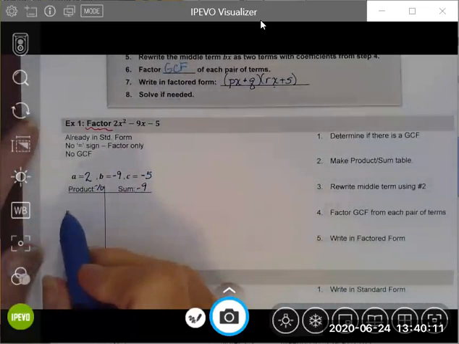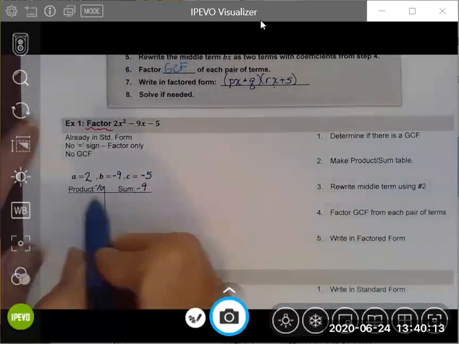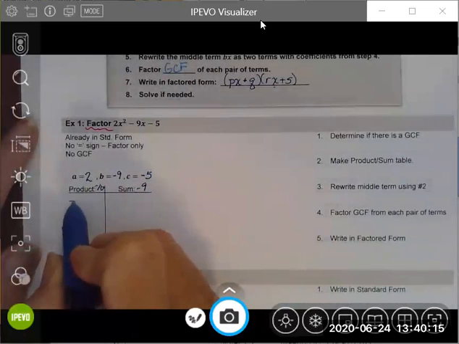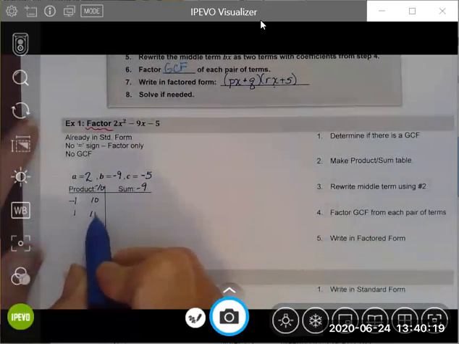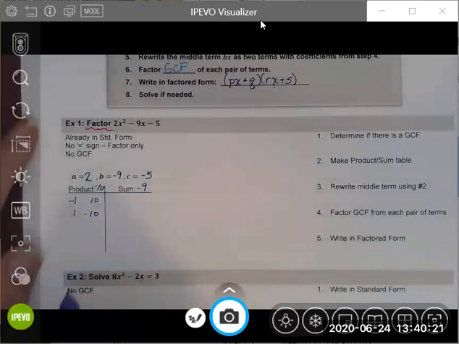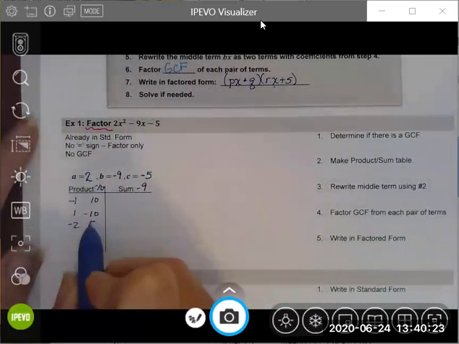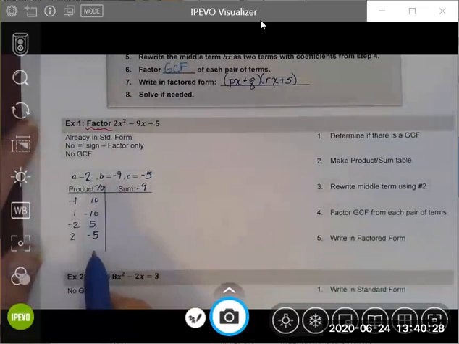You can just make an old school factor table. -1 times 10 is -10. 1 times -10 is -10. I could also do -2 times 5 or 2 times -5. And all of these, when multiplied, will give me -10.